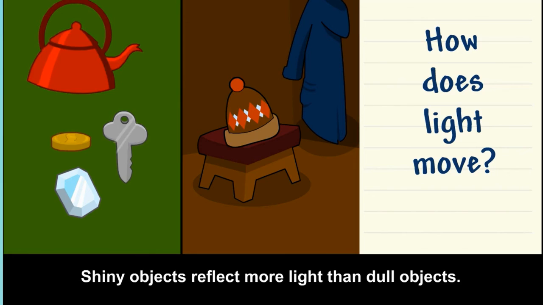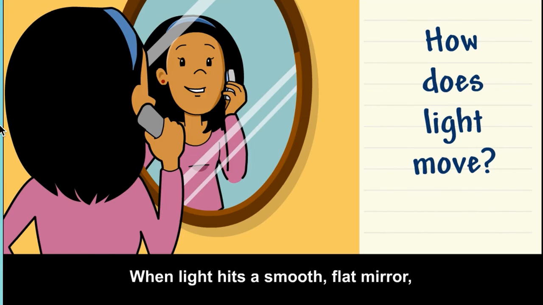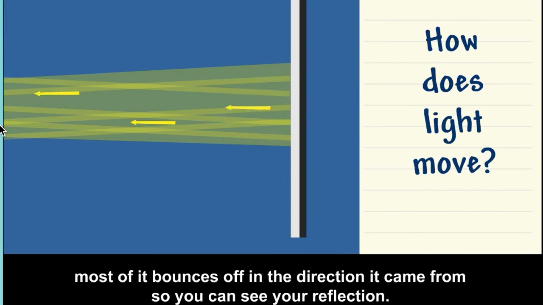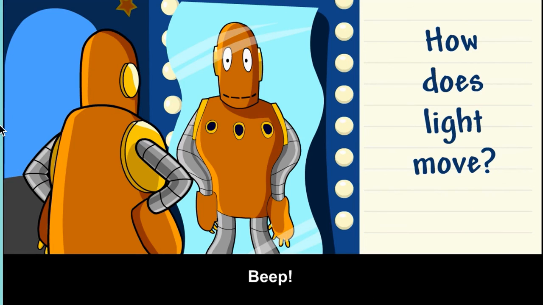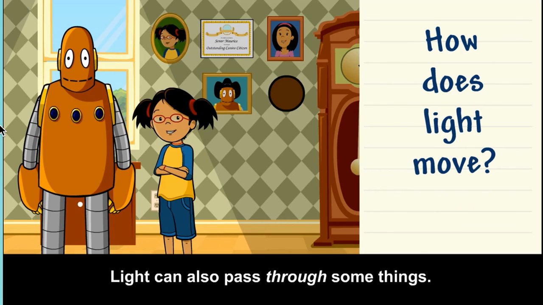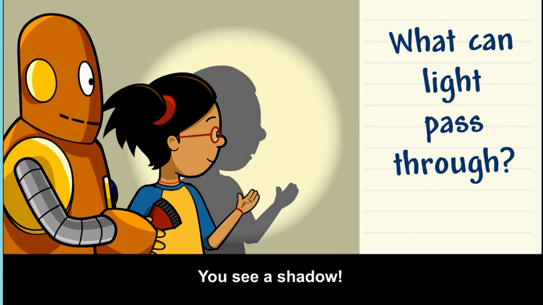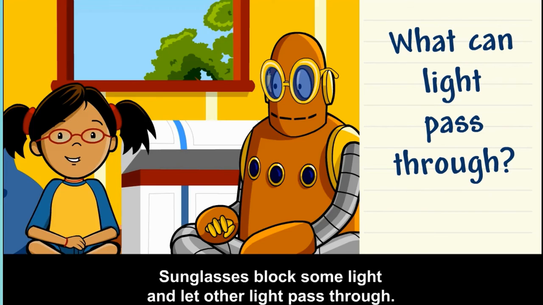Shiny objects reflect more light than dull objects. When light hits a smooth, flat mirror, most of it bounces off in the direction it came from so you can see your reflection. When light hits a curvy mirror, you see a funny reflection. Light can also pass through some things. Some light pass.